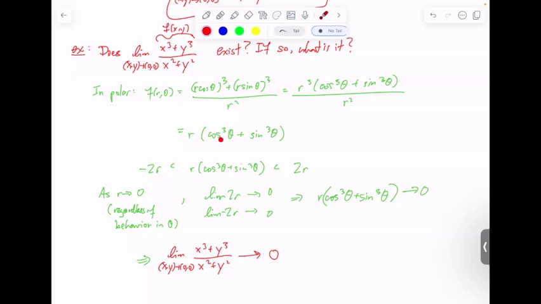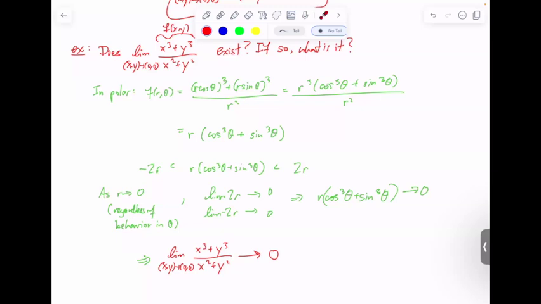Of course, sine and cos can never be 1 at the same time, so technically it's not less than or equal to, it's always less than 2. But that's minor, and we don't really care about that. The big thing is we've squeezed this thing between these two quantities, and when r goes to 0, the squeezed thing goes to 0.